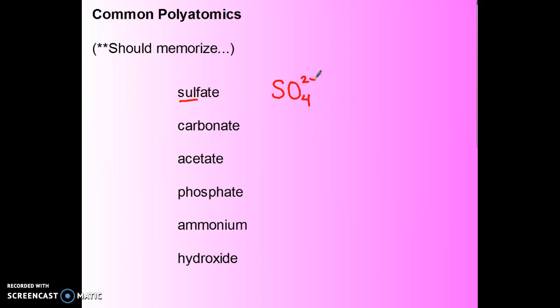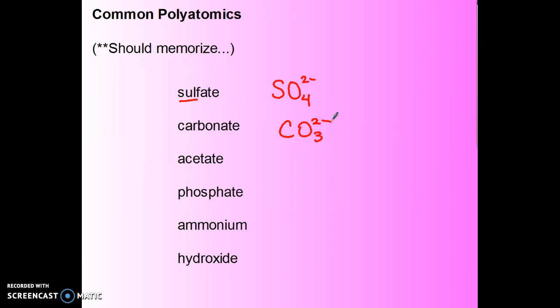Okay, sulfate is extremely common. I recommend with these ones you kind of look at each of them every day and make sure you can remember what they are. Carbonate is also extremely common, like if you think about carbonated beverages. It's CO3 with a 2- charge.